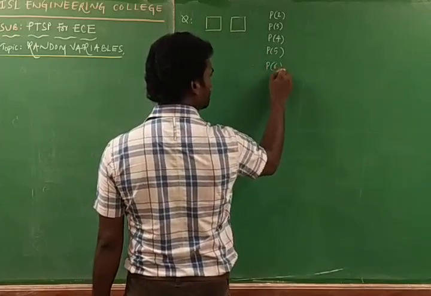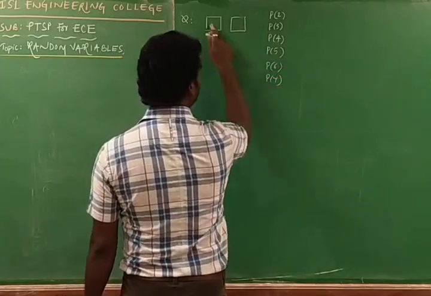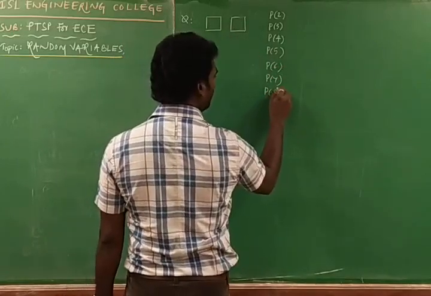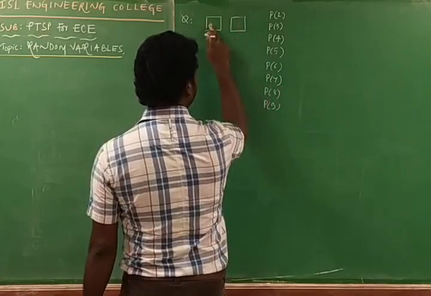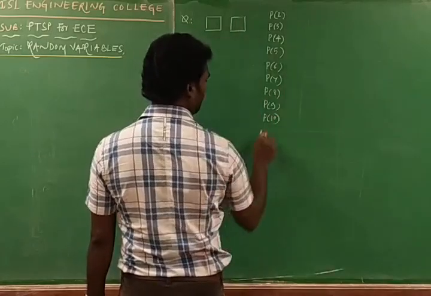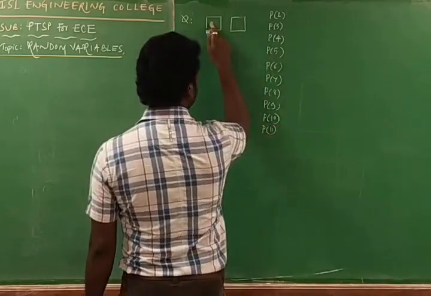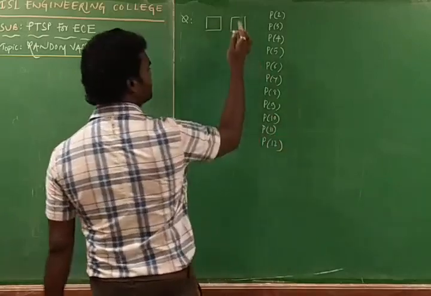Probability of 6, this is 3 and this is 3. Probability of 7, this is 4, this is 3. Probability of 8, this is 4, this is 4. Probability of 9, this is 4, this is 5. Probability of 10, this is 5, this is 5. Probability of 11, this is 6, this is 5. Probability of 12, this is 6, this is 6.